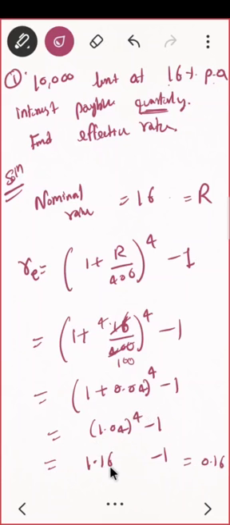So if it is 1.16 something else, 7, 8, 9, then approximately you have to take. Yes, I think this is 1.1698. So now you will see it will be 0.1698, so it will be around 16.98%, about 17%.